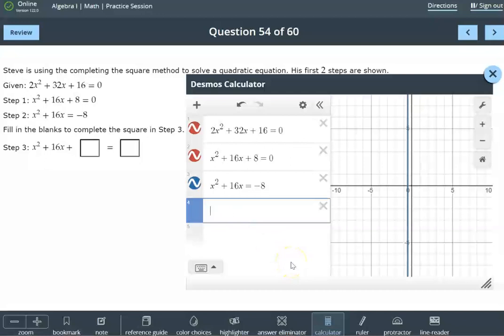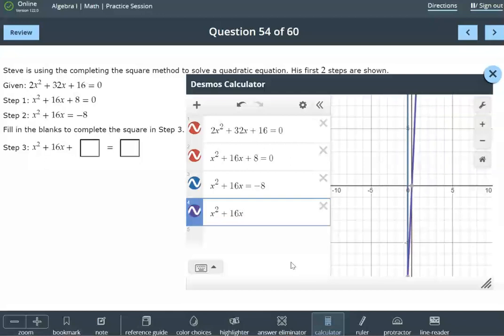So the question was, what are we going to add to both sides of this equation? So let's type x squared. Shift 6 will produce an exponent, and then you can type your 2 plus 16x.